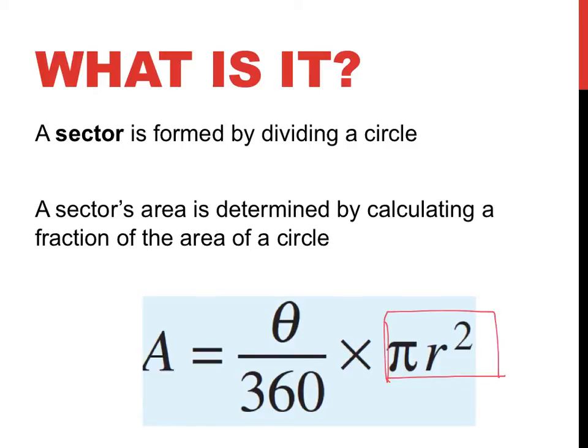All we're doing is saying we have this fraction of pi r squared. It's still the same formula, pi r squared, but because we only have a fraction of the circle, remember a whole circle is equal to 360 degrees, that's why we're saying we have a fraction of pi r squared.